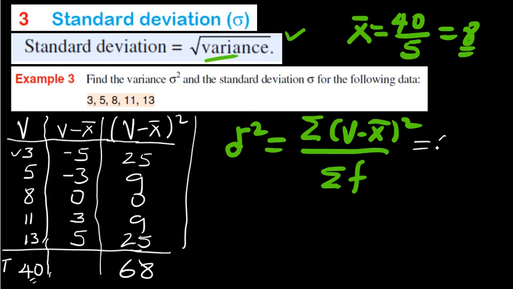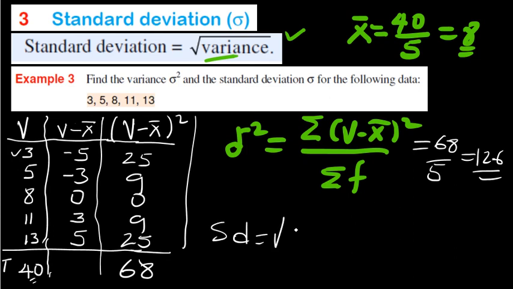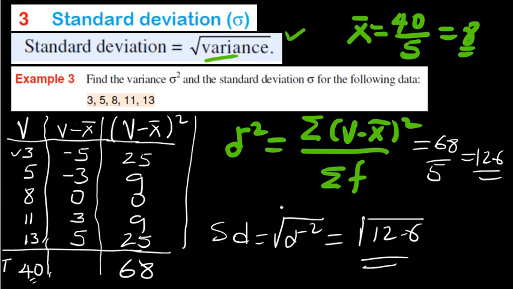Therefore, it will be 68 over 5, which is 13.6 when you divide it. This is variance. The standard deviation is the square root of variance, which is the square root of 13.6. Done. What makes our process easier is writing vertically, so it will be clear and the steps will not be complicated.